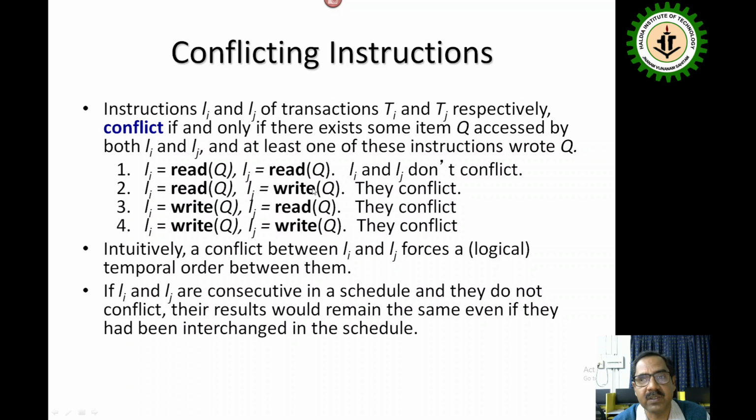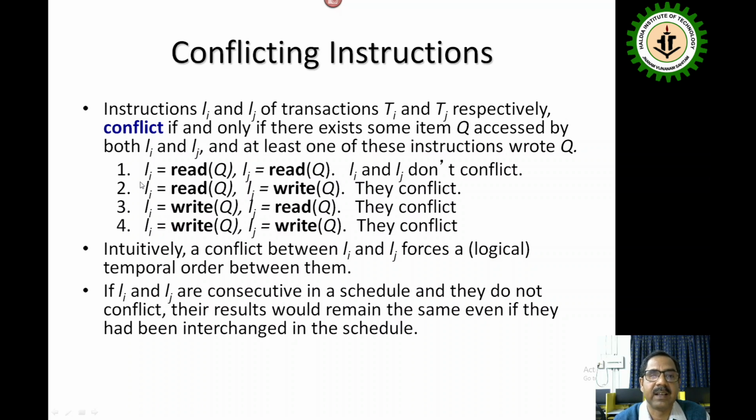Similarly, if Ii equals a write operation on data item Q performed by Ti, and Ij equals a read operation on data item Q performed by Tj, then also they conflict. Ti modified the value of Q, but which value does Tj read? This is the modified value, not the initial value, modified by Ti. So they conflict. And if Ii and Ij are both write operations, then they conflict.